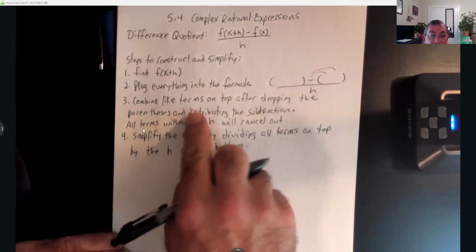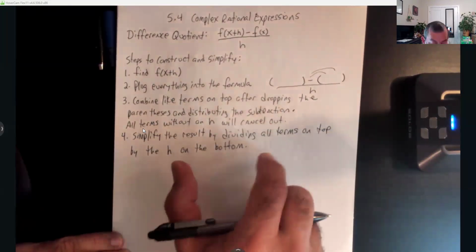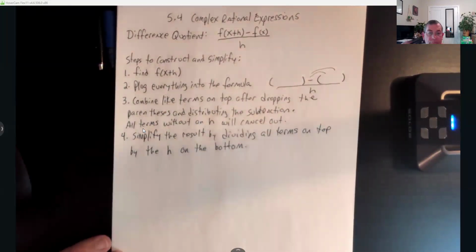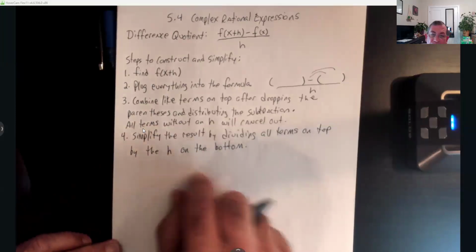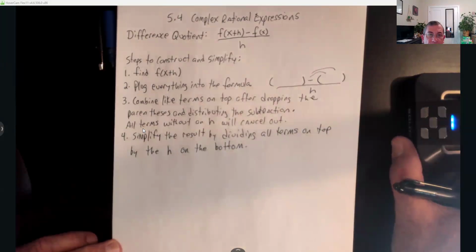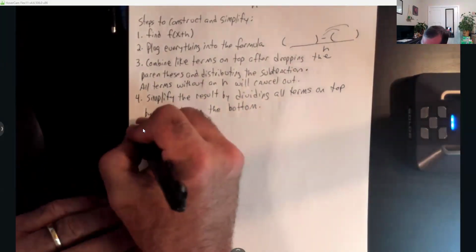Okay, because everything that's left, we said will have an h in it. So they will all divide by that h on the bottom, okay? And that basically will be the last thing we do is divide everybody by that h. So let's play with one of these.